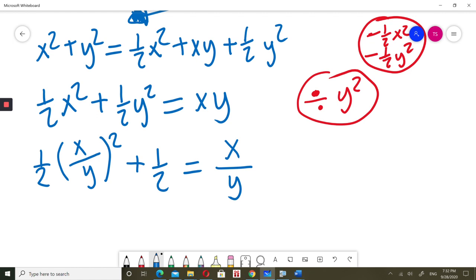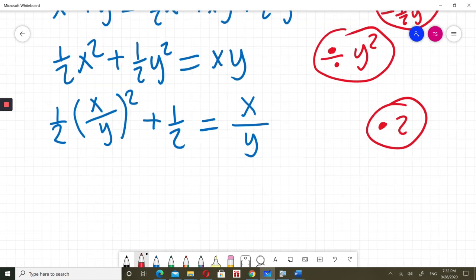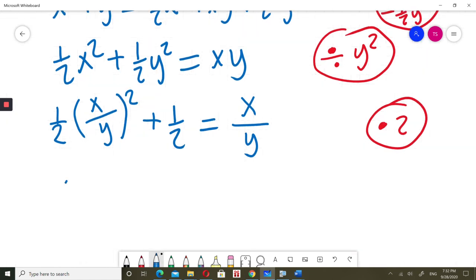Let's say I don't like to have fractions, those ones 1/2, so I will multiply everything in this equation by 2. So when I do it, I will have (x over y) squared, because I multiplied by 2.